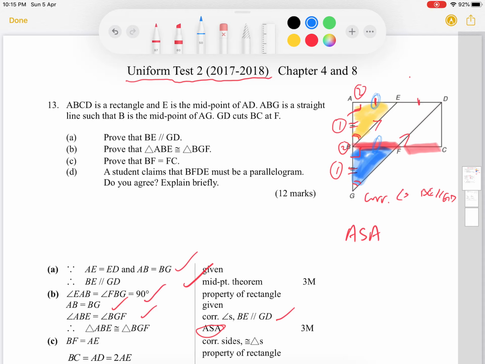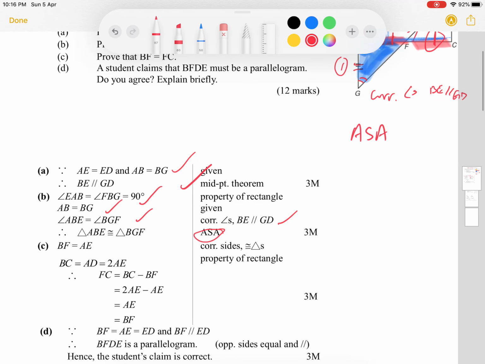And then the longer side, this AD and this BC, are equal in length. These are two, and you know that this is already this one, so the remaining must be one side. But some students did not write it very clearly, so 1 mark will be deducted.